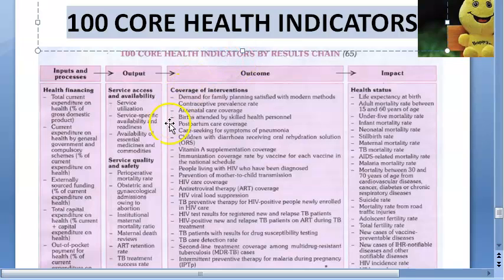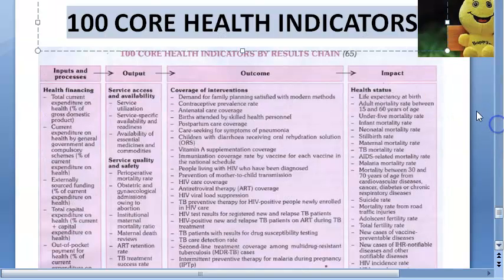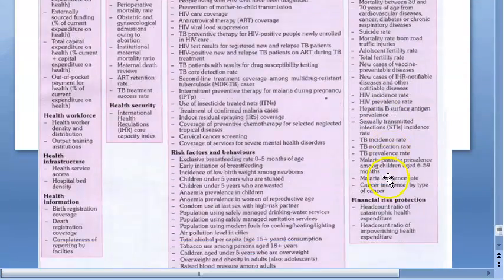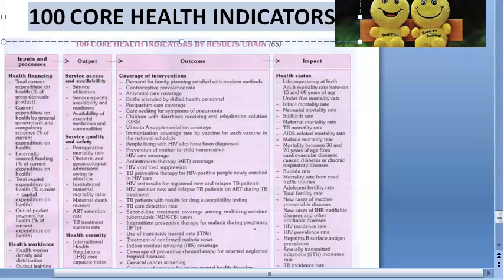These are the inputs. Outputs will be services, then the quality of these services, safety levels of these services. Then outcome: the coverage of interventions, then risk factors and behavior. Finally, impact: the effect it will have on health status, all these mortality, morbidity, fertility, etc., and financial risk protection. So these are the 100 core health indicators.